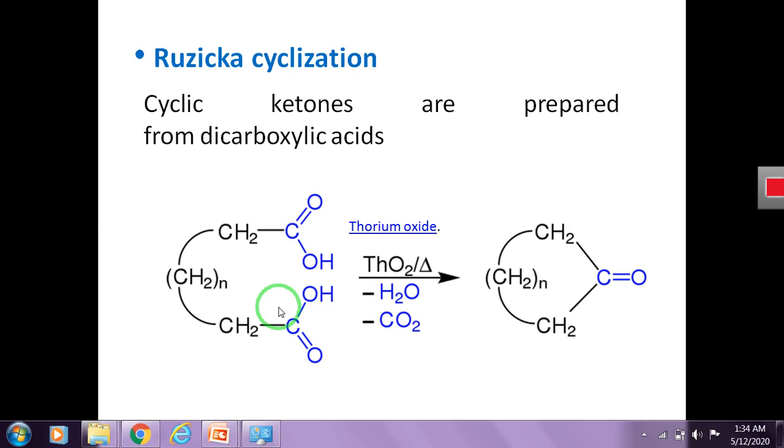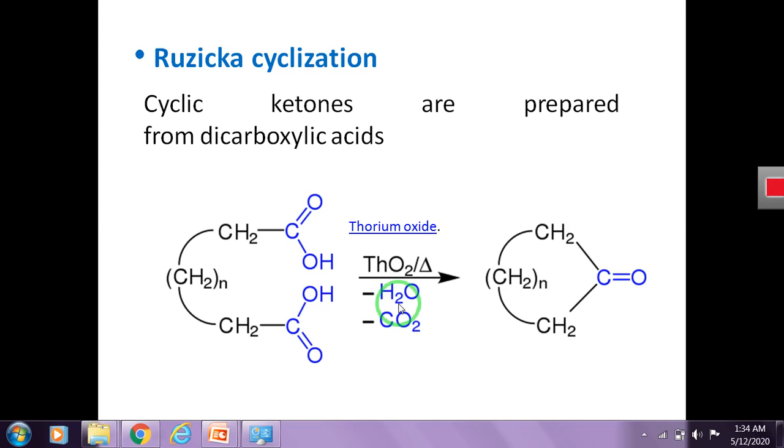What will it do? It will remove from itself some other molecules. Like here, there is only one reactant and a catalyst. What is the catalyst doing here? The catalyst is assisting this reactant to remove from itself a water molecule and a carbon dioxide molecule, and it is producing a cyclic ketone.